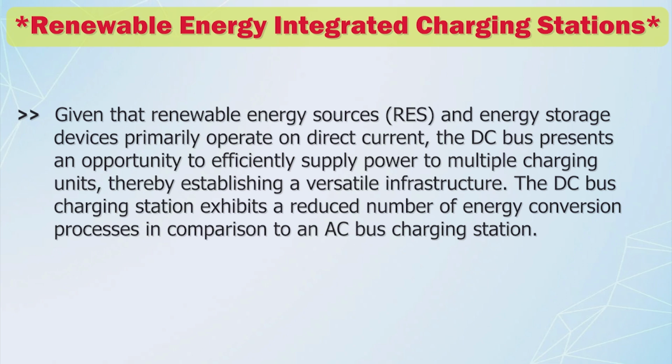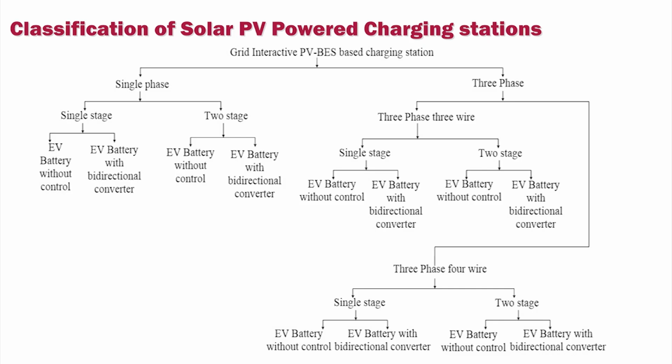So, here is the classification of solar PV powered charging stations. Again, it has been divided depending on the number of supply phases. It could be divided into single phase and 3 phase, and single phase can be divided depending on the power stages. So, from renewable to the EV charging, or from renewable sources to the power grid, how many stages do we have?